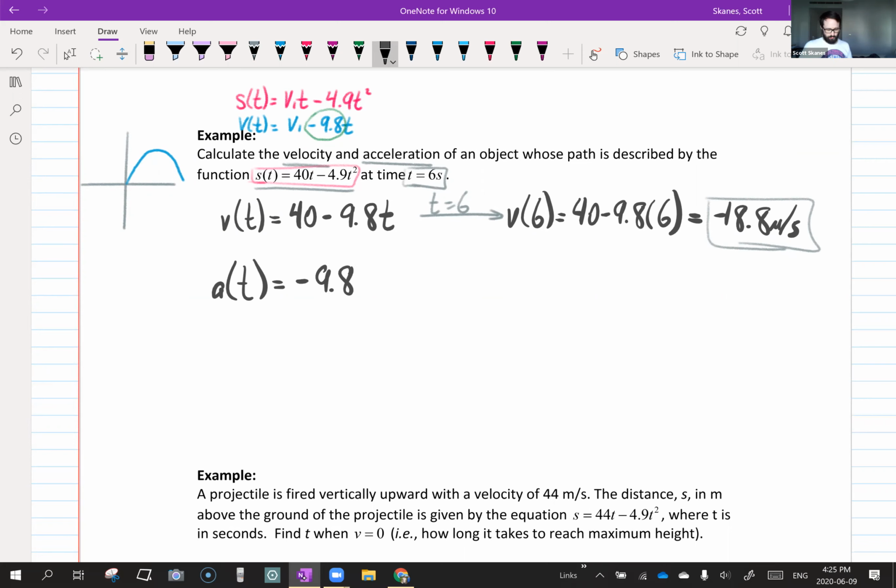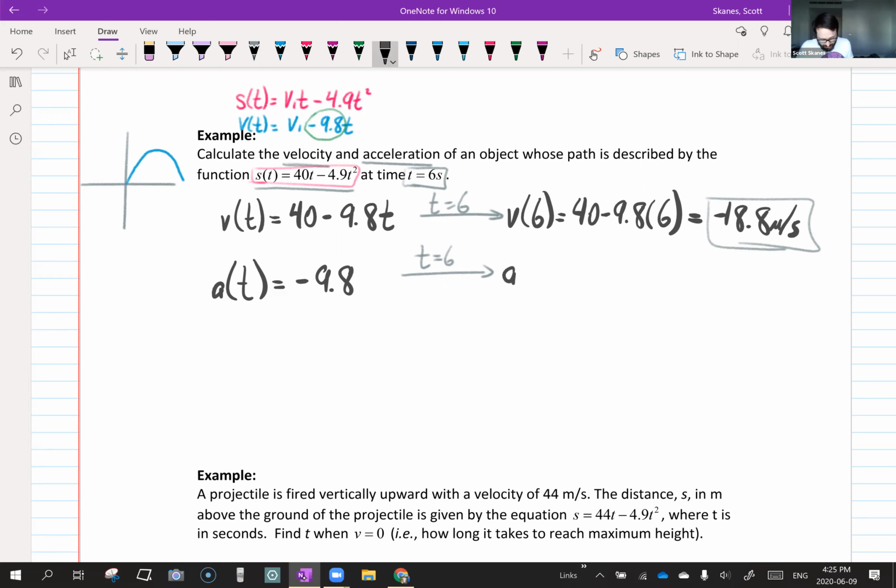Interesting. Because this is a constant, it just got deleted, and it left me with a constant for the answer, which makes sense. If you remember back to your physics, if you can remember back then, this is the acceleration of a projectile. In projectile motion, our acceleration is always negative 9.8.